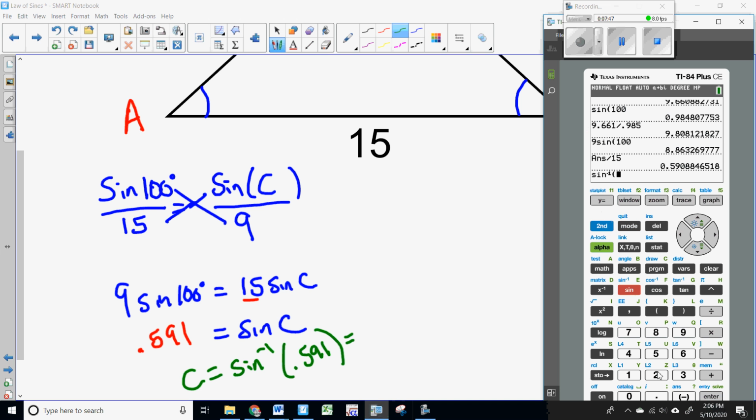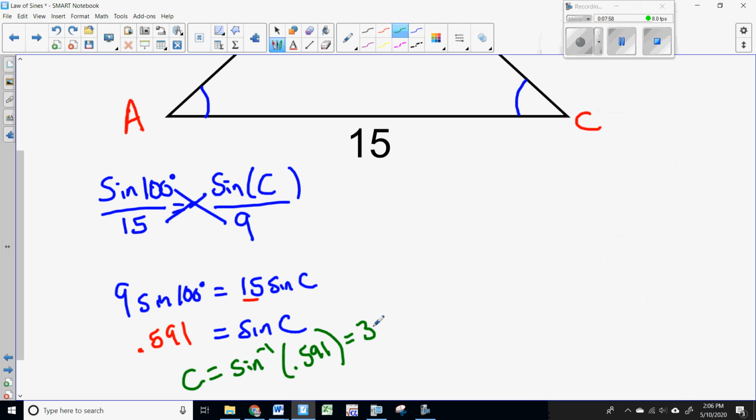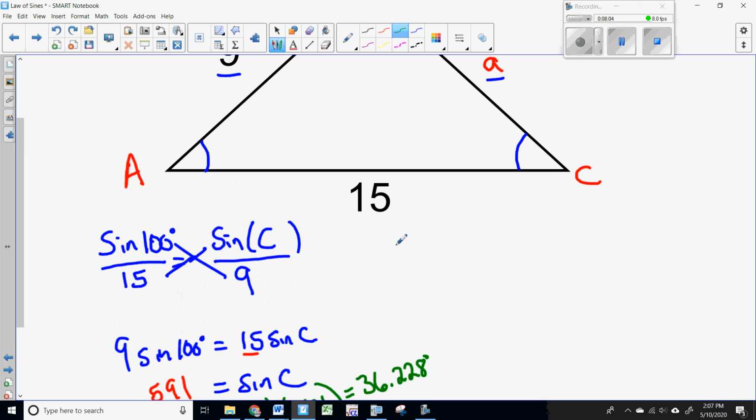So I go inverse 0.591. And I get 36.228. So that's my angle C, 36.228.